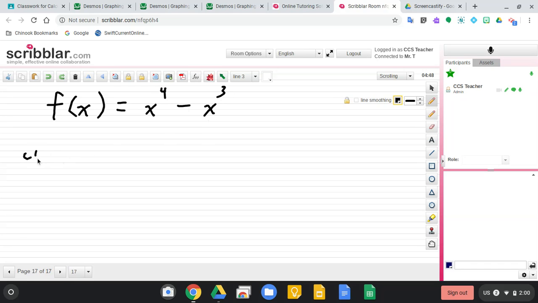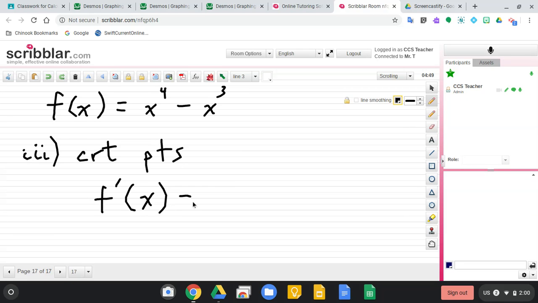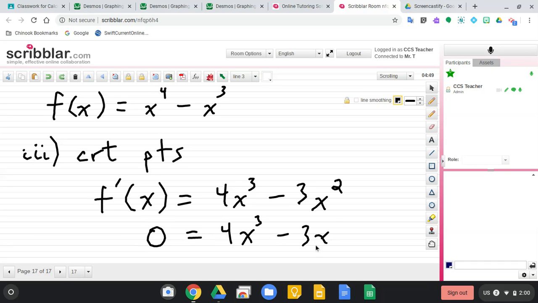And if I want to find my critical points, I have to take my first derivative, f prime of x, and that's going to be 4x cubed minus 3x squared. I'm just going to use the power rule for derivatives. And then I'm going to set that equal to 0: 0 equals 4x cubed minus 3x squared.